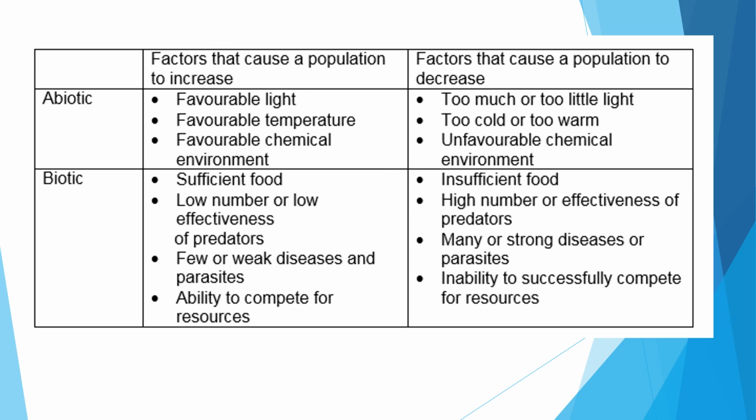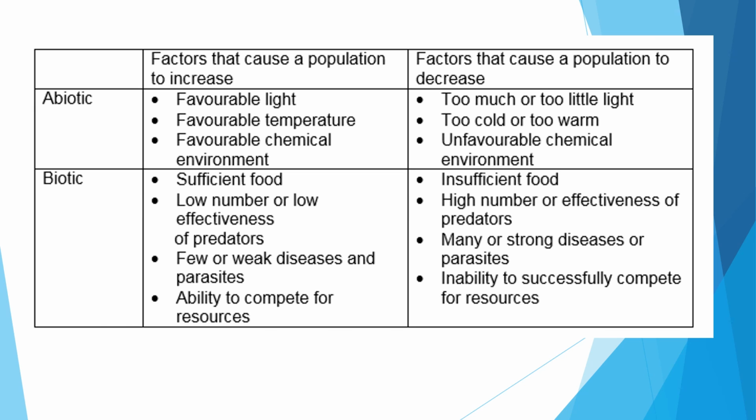Biotic: good amount of food, low number of predators, few diseases or weak diseases, being able to compete for resources. These are all factors that are going to allow a population to increase or reach its biotic potential.